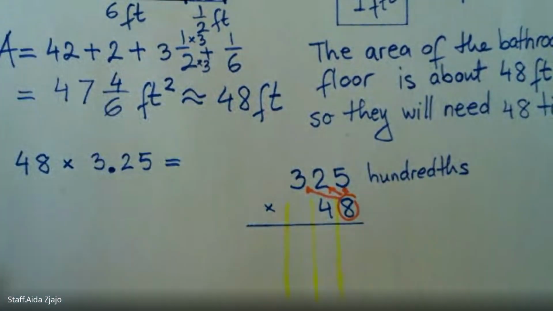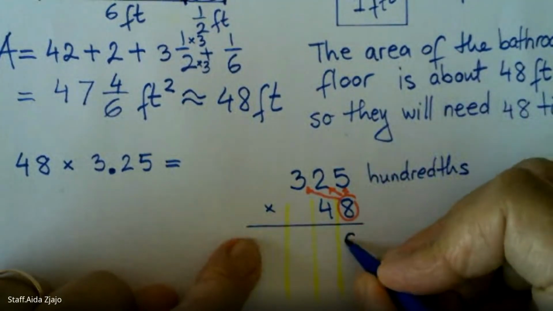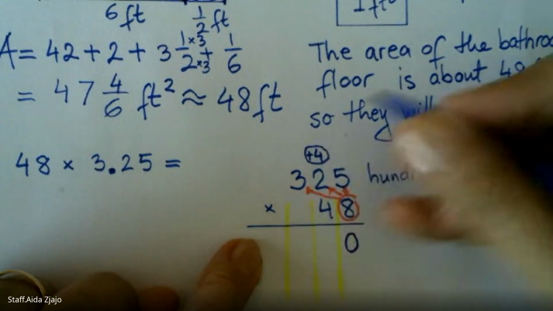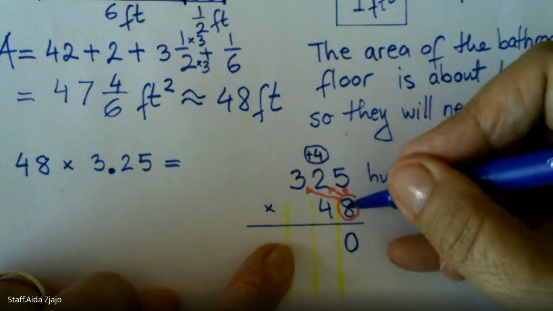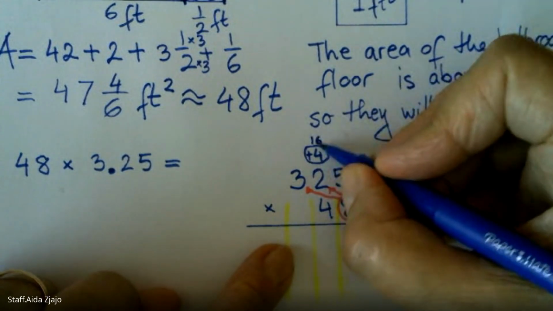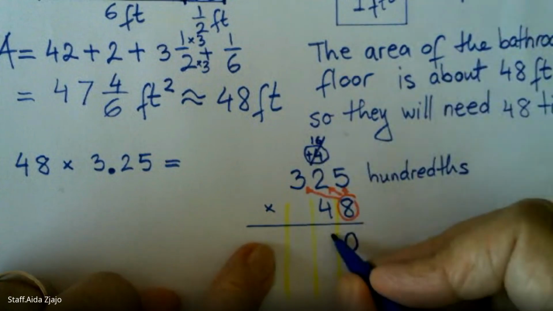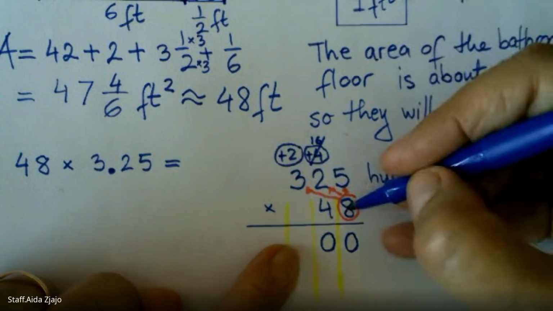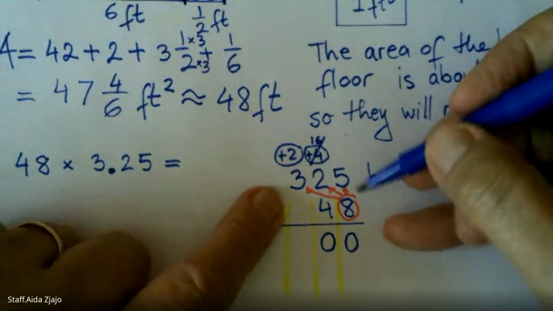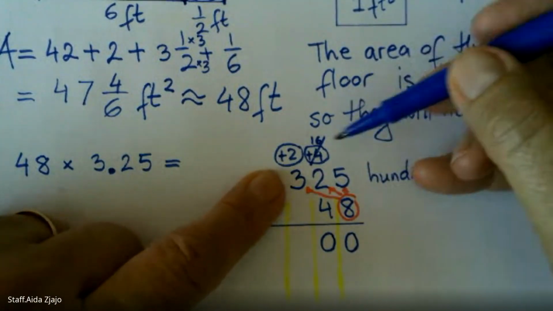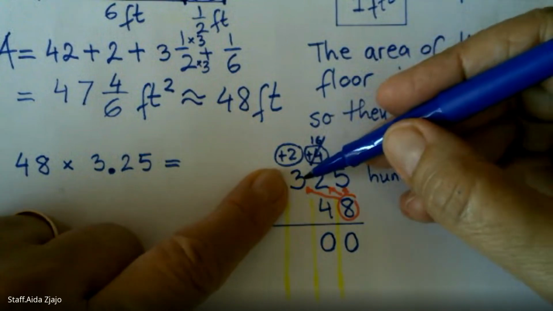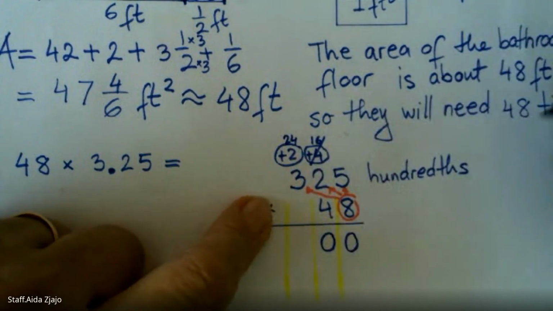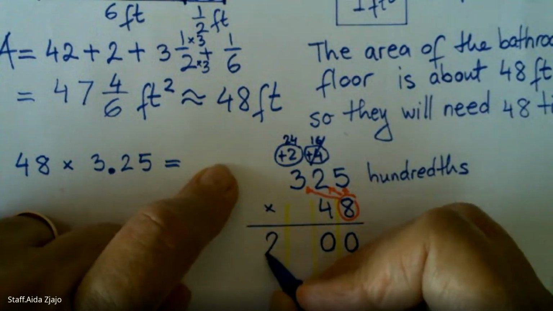So 8 times 5 is 40. 0, I remember 4. 8 times 2 is 16, plus 4 is 20. I remember 2. 3 times 8 is 24, plus 2 is 26.